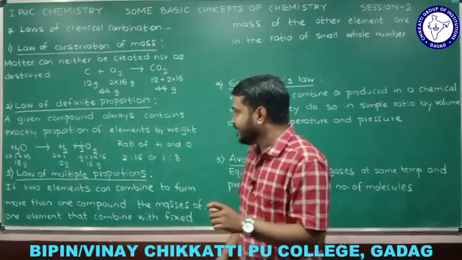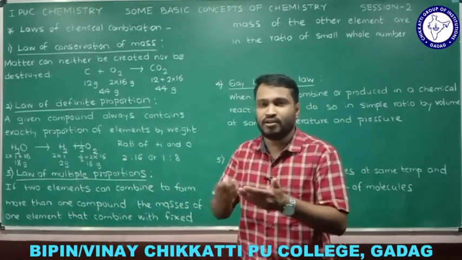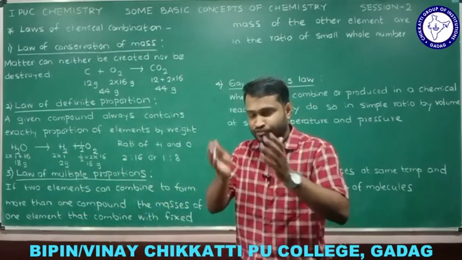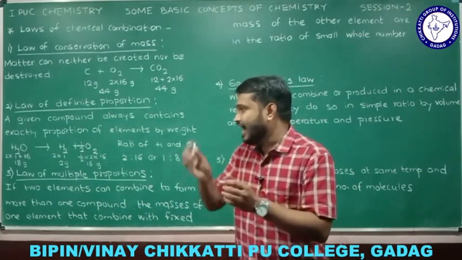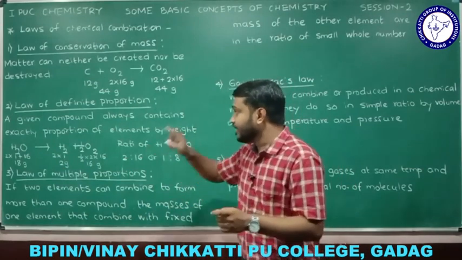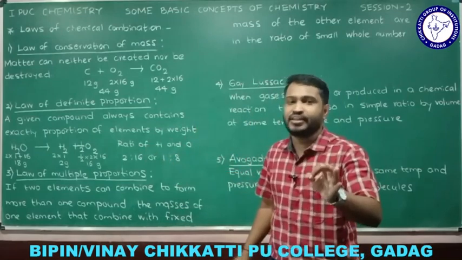Practically, what it means is, if you consider water from any source, it may be river water, rain water, ocean water, provided it is pure water, it has hydrogen and oxygen elements in the ratio 1:8. That is fixed.